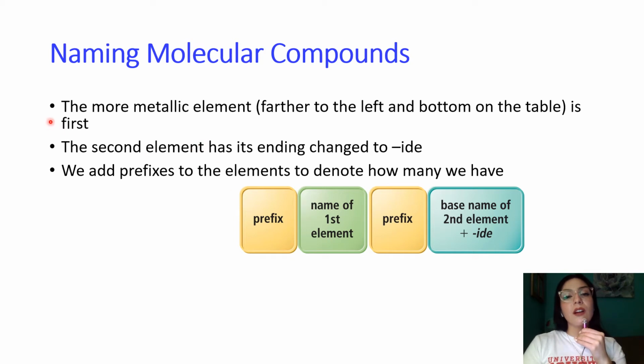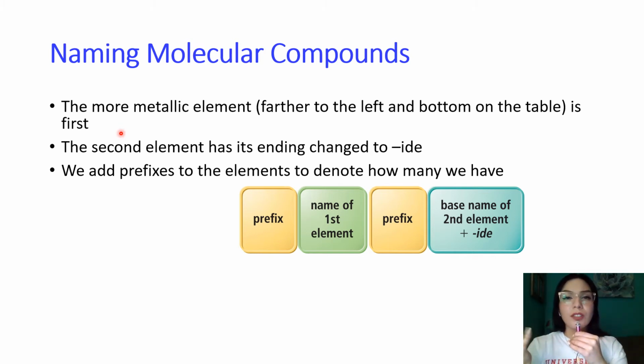So we're going to start off by placing the more metallic element as the first element that we write out. Now, if you noticed earlier, every single ionic compound that we named, we put the metal first. So we're going to do the same thing for molecular compounds. Now, in order to distinguish what element is more metallic, because think about it, we're naming a compound that has 2 nonmetals.